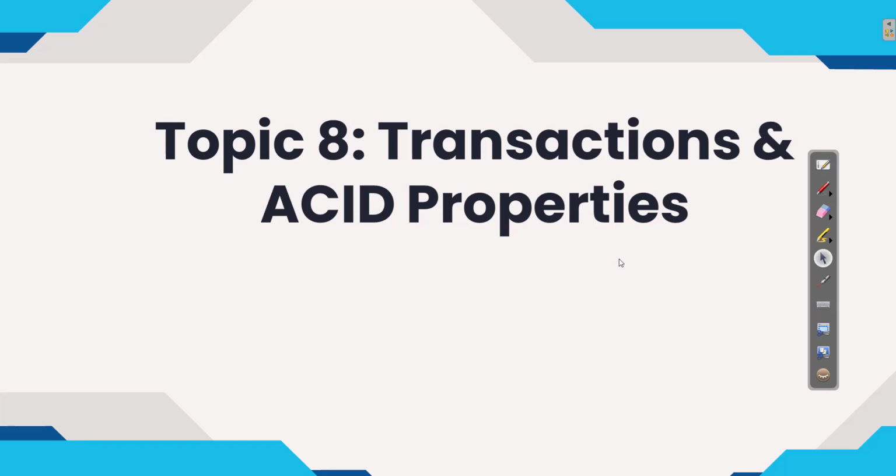In the last video we discussed the database architecture and three-tier architecture. So the next most important question is, you might be thinking about how a database ensures that operations like money transfer are correct and reliable. If you are thinking about it, this video is for you.